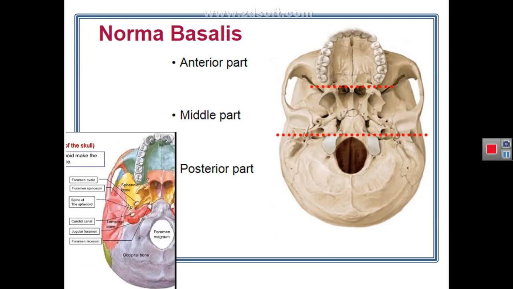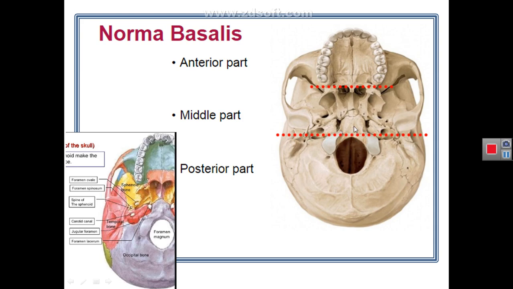This is the asterion. And now we have to describe the inferior view of the skull, which is called norma basalis. This norma must be divided into three regions by two imaginary horizontal lines. The first imaginary horizontal line passes in between the 2 points behind the last molar tooth, and the second imaginary horizontal line is at the anterior border of this foramen, which is called foramen magnum.